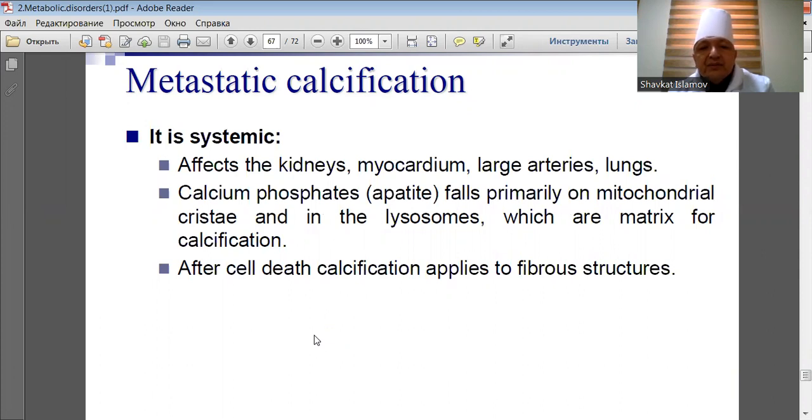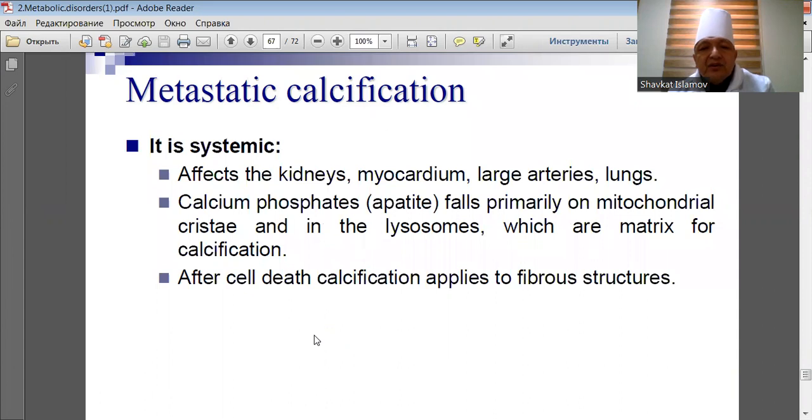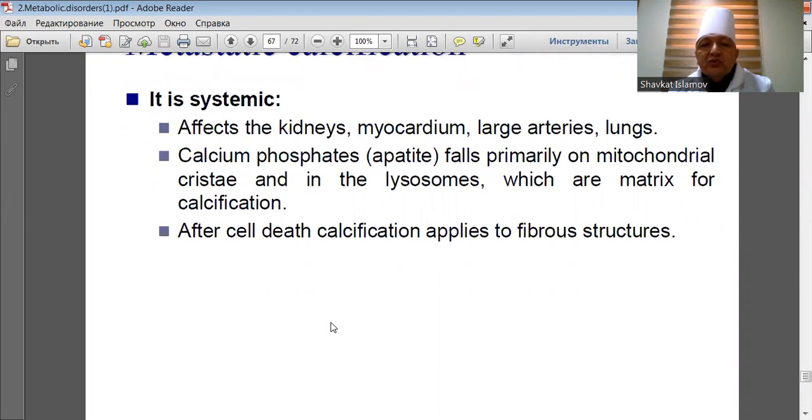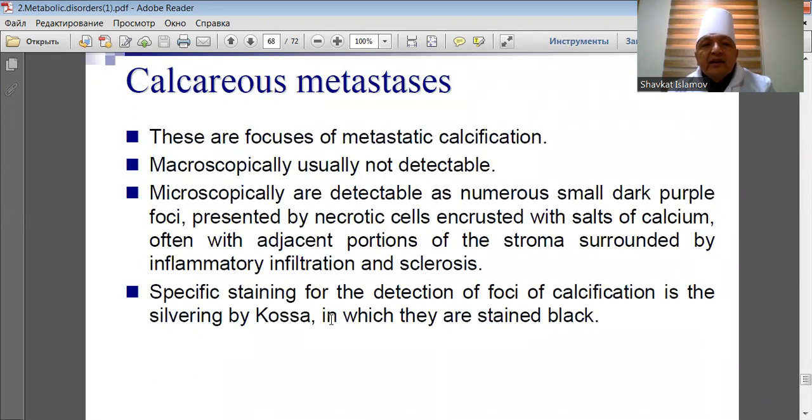Calcium phosphate falls primarily on mitochondrial crystals and in the lysosomes, which are the matrix for calcification. Later, calcification applies to fibrous structures. Macroscopically usually not established.